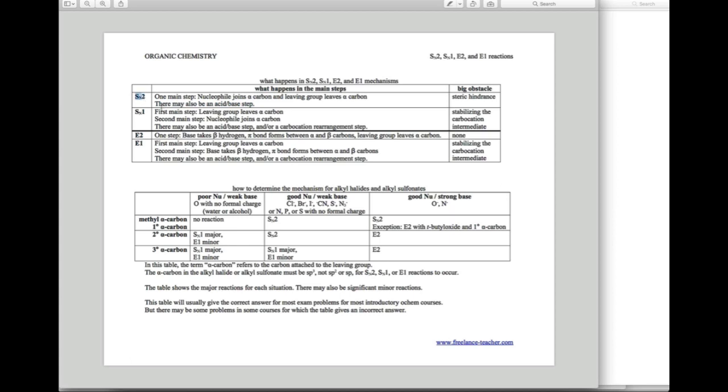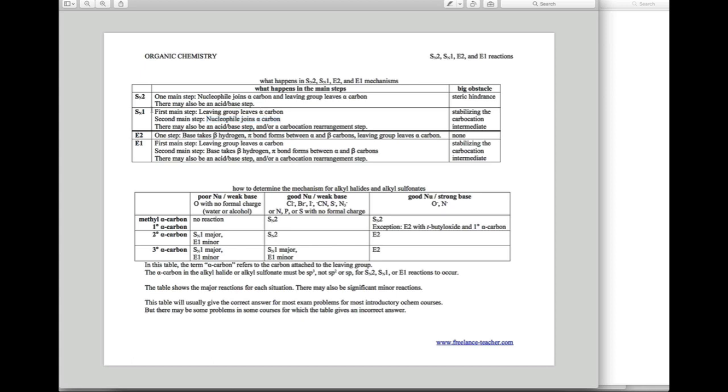An SN2 mechanism has one main step, during which the nucleophile joins the alpha carbon and simultaneously the leaving group leaves the alpha carbon. An SN1 reaction has two main steps. In the first step, the leaving group leaves the alpha carbon, and in the second step, the nucleophile joins the alpha carbon.